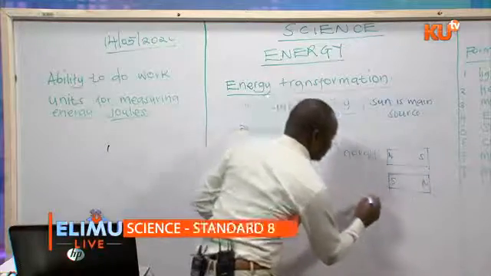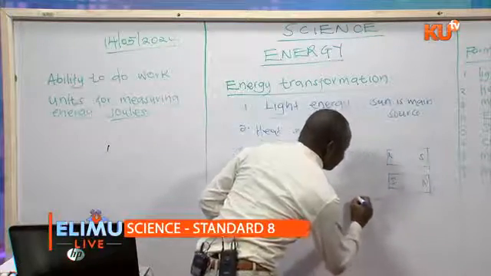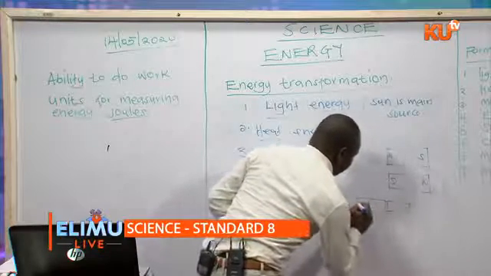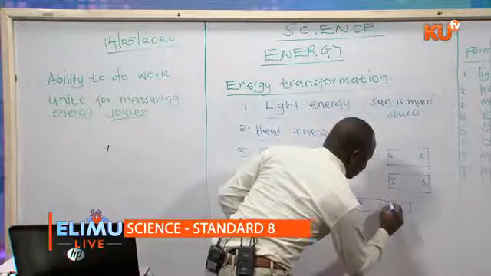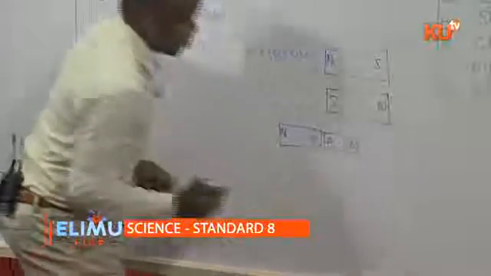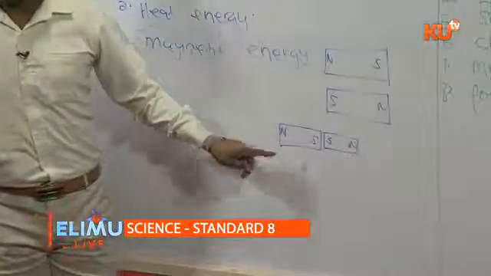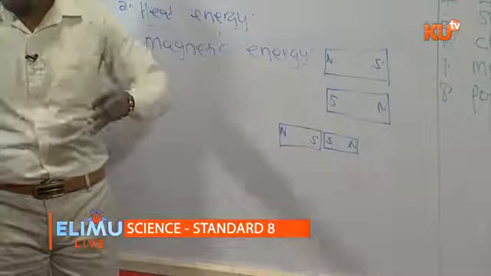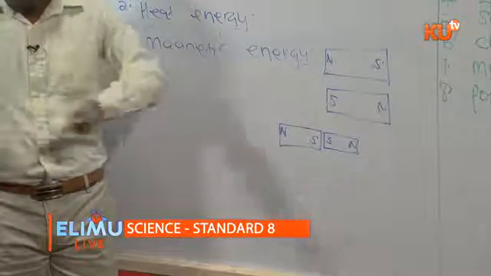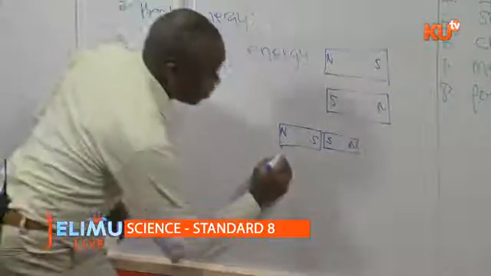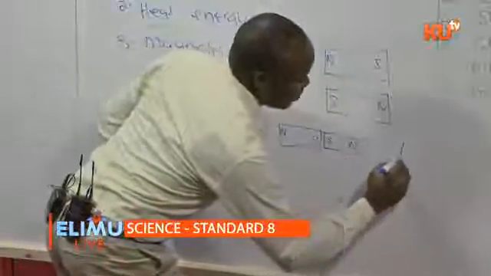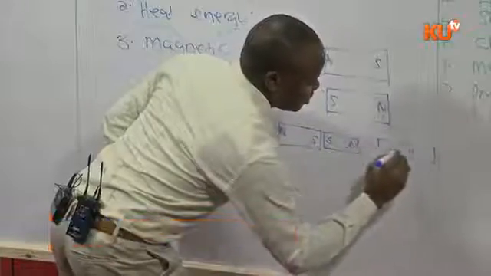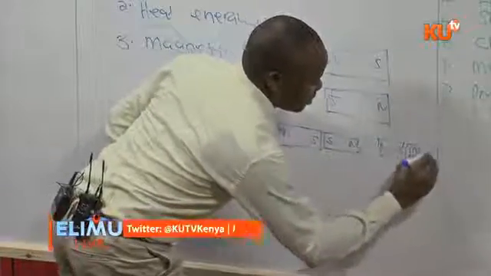For example, when I join these two magnets, this is north, south, and this is south, north. What will happen to these magnets? They are going to repel each other because that is the force that will make them move apart. But when I join these, there are two magnets here: this is north, south, and this is north, south.